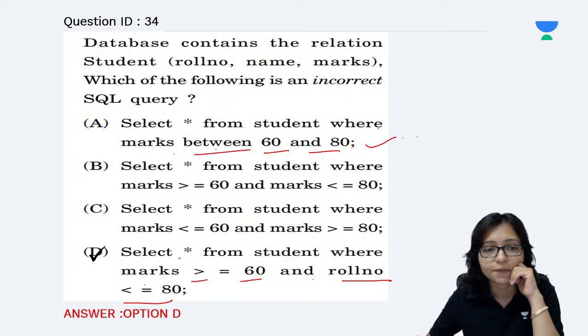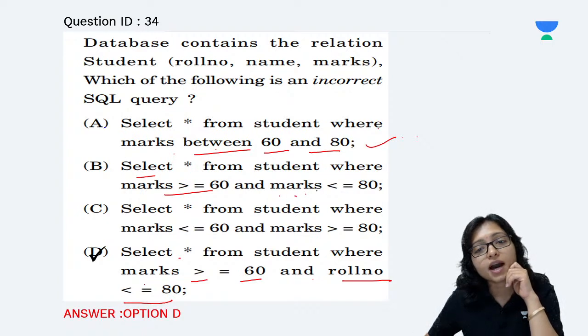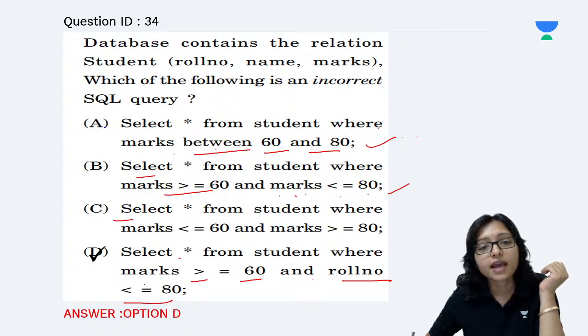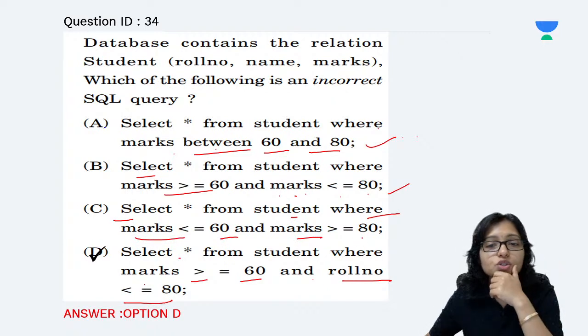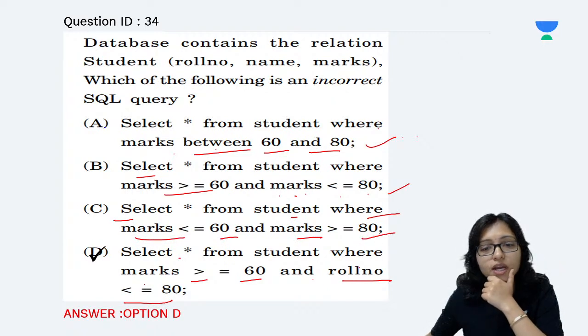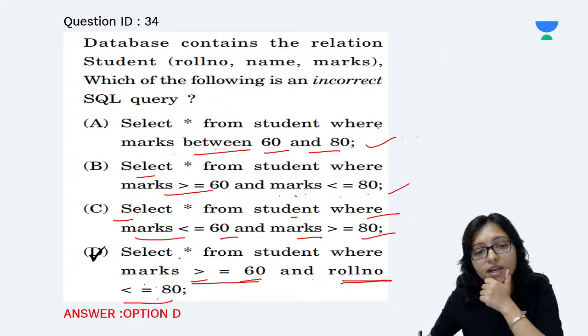It's working fine. Select star from students where marks greater than 60 and marks less or equals to 80. It is also okay. Here select star from student where marks less or equals to 60 and marks greater or equals to 80. This is also correct. Where marks greater than 60, greater or equals to 60 and roll number less or equals to 80.